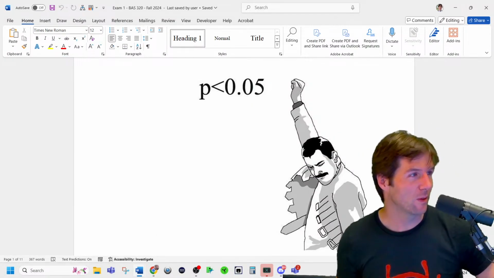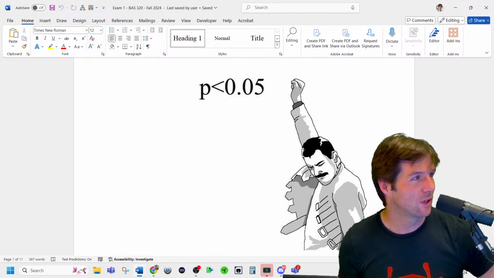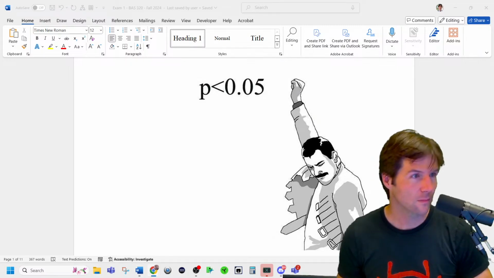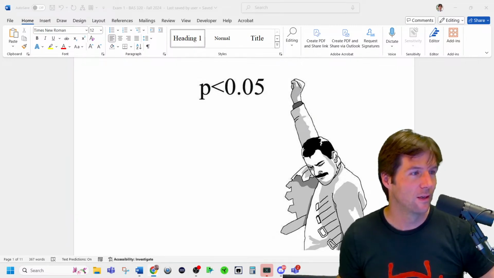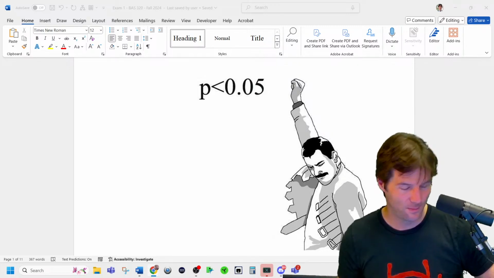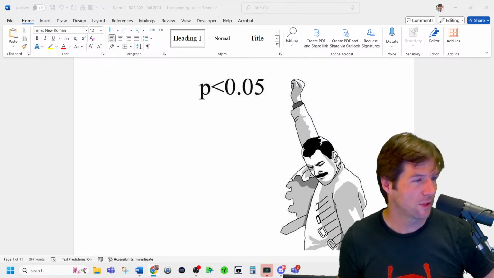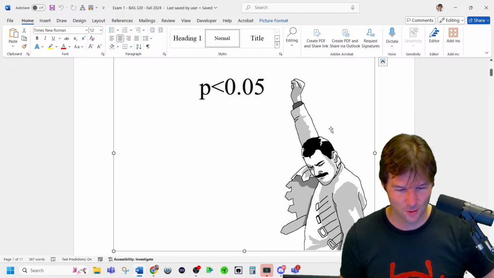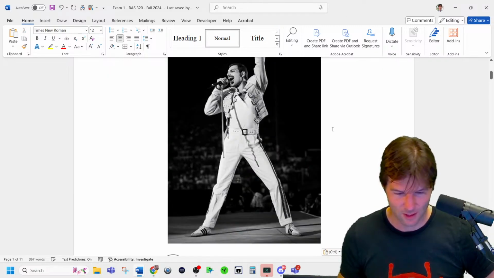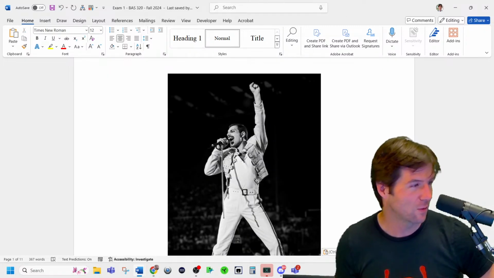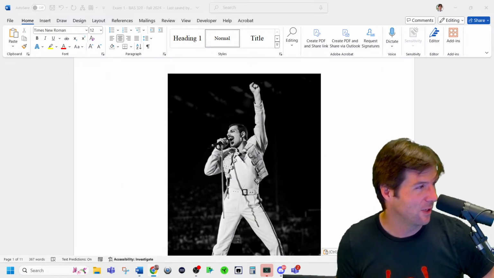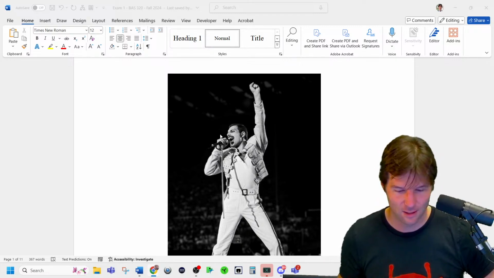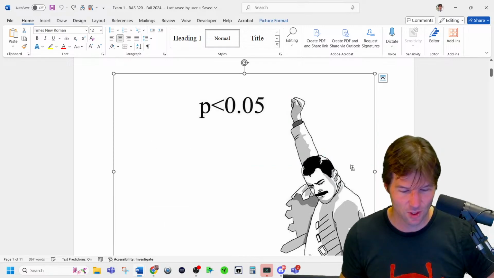That's Freddie Mercury, lead singer of Queen, who'd often do that at a show. So that's the meme of it. And there he is right there. There's Freddie Mercury. Even here, if we go back, you can see he's wearing the same jacket.